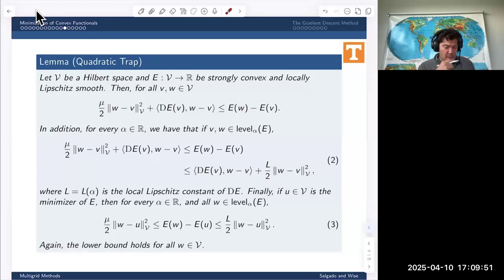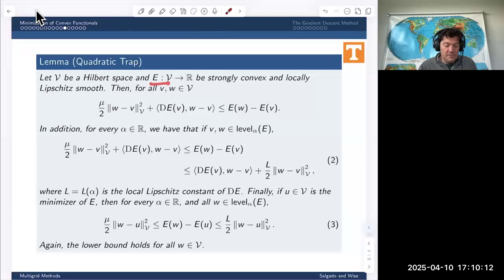All right, so let V be a Hilbert space and let E be strongly convex and locally Lipschitz smooth. Strongly convex and locally Lipschitz smooth. Basically, all throughout the rest of the book, we're going to be making those two assumptions about the energy functional.